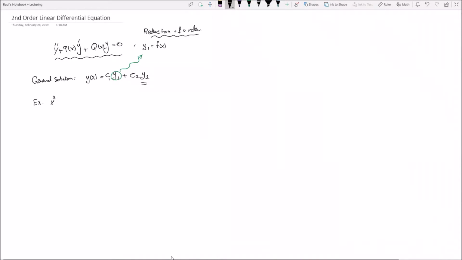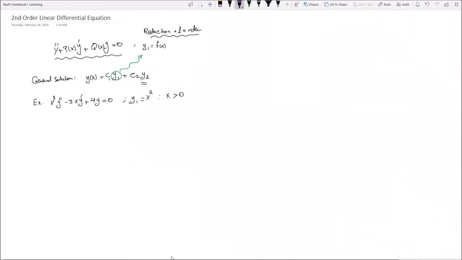Now we have a problem saying: solve the second order linear differential equation x squared multiplied by y double prime minus 3x multiplied by y prime plus 4y equals 0, given that y1 of x equals x squared for all x greater than 0.